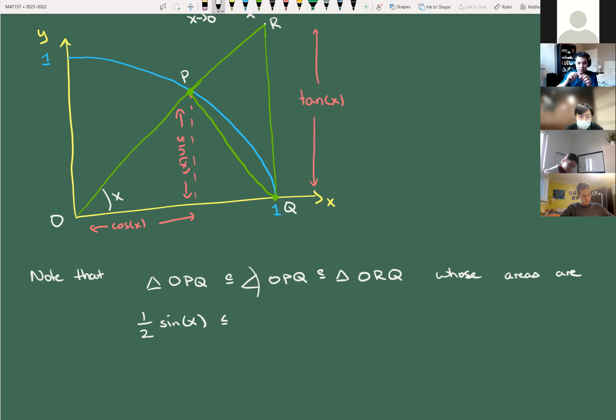Okay, now the sector, does anyone remember the equation for the area of a sector? Maybe we can just write this on the side here. So the area of a sector, what would we say? Subtended by theta?